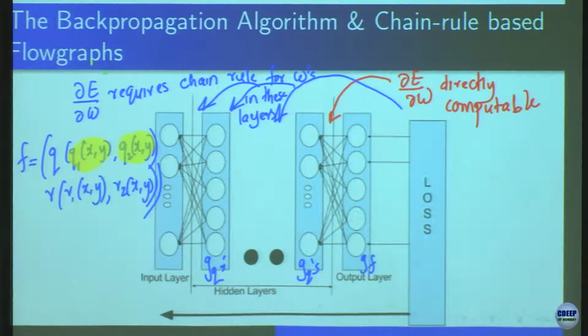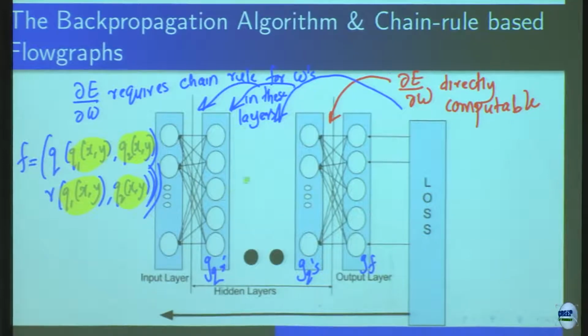Let me take the simpler case, where q1 and q2 are part of r. So q1 and q2 are invoked in q as well as r, and that's what will happen.